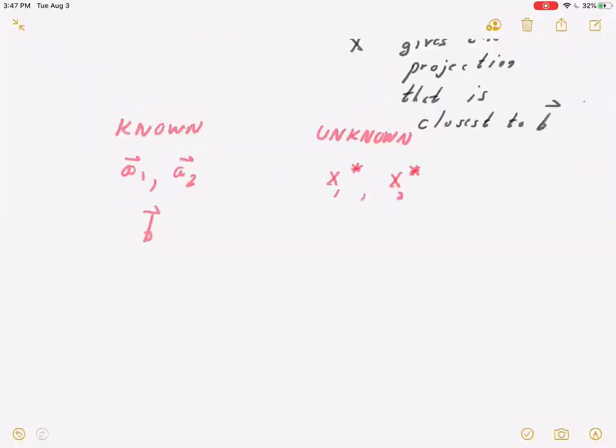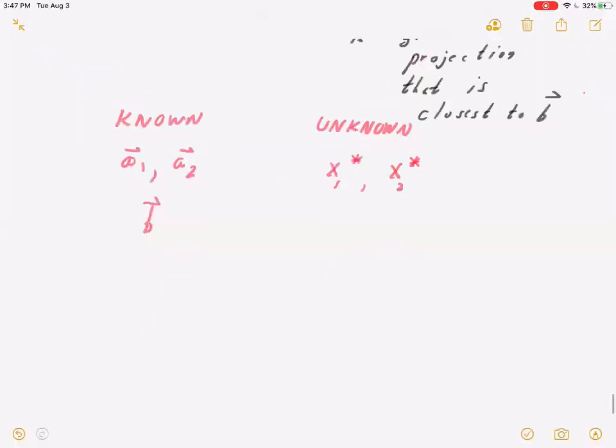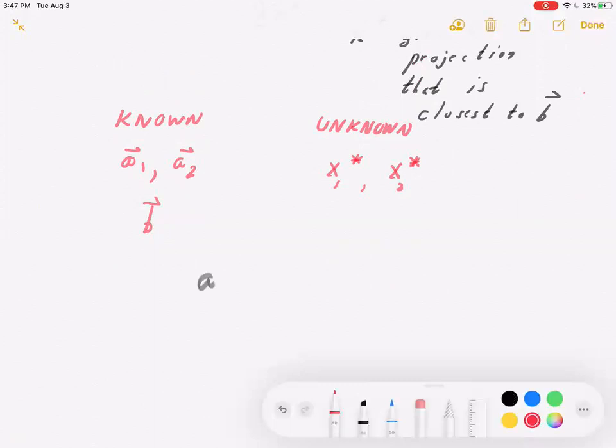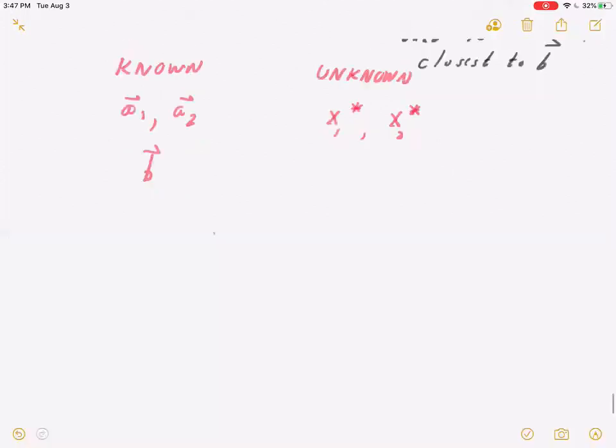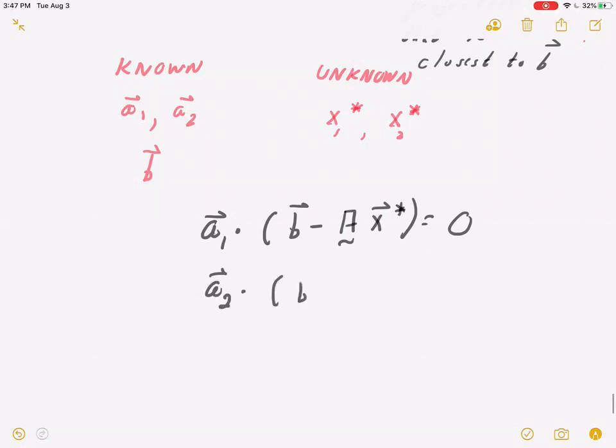I'll rewrite them again. They are the dot product of A sub 1 with this vector, and the dot product of A sub 2 with this same vector.